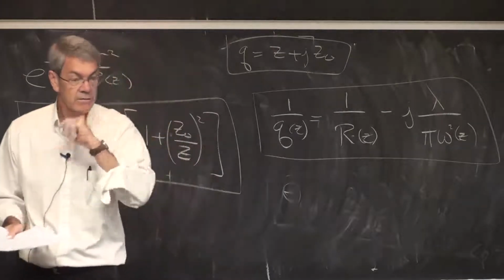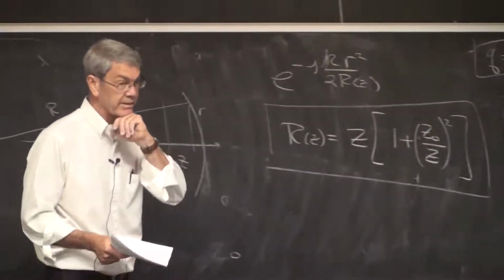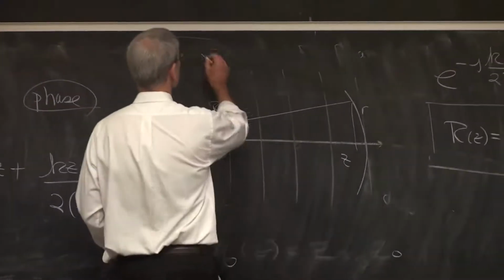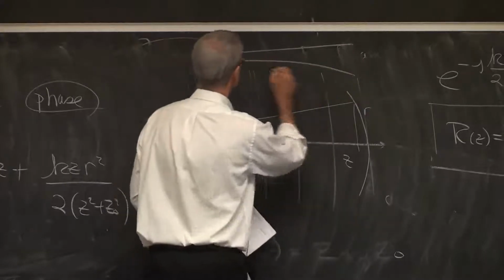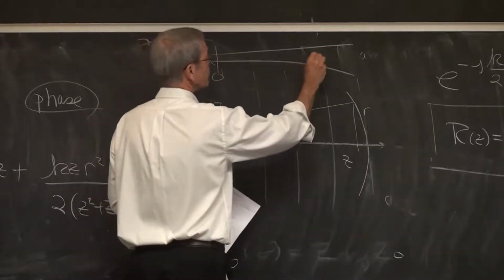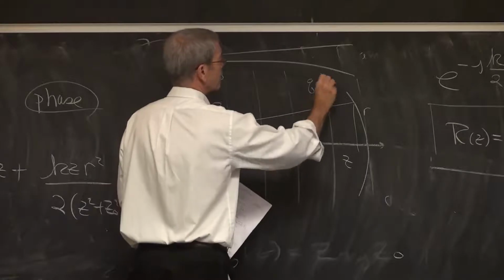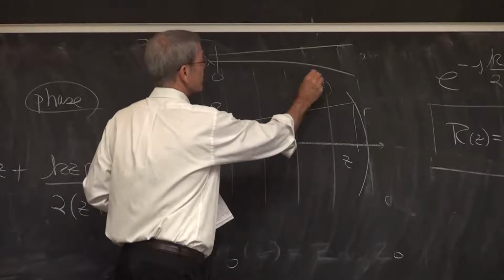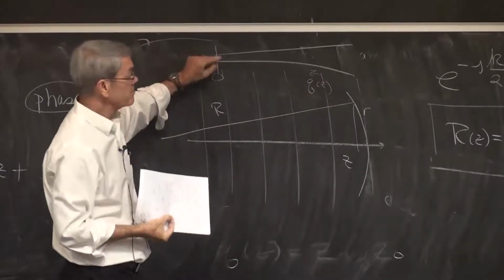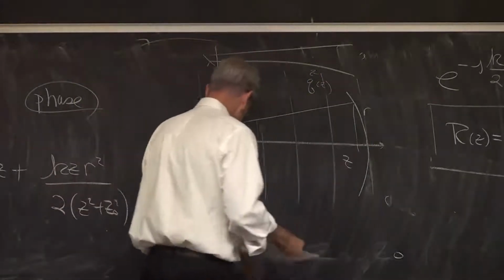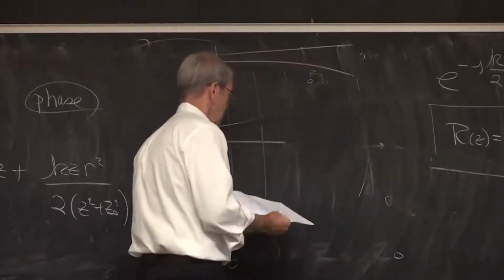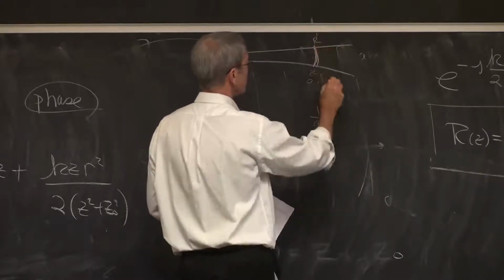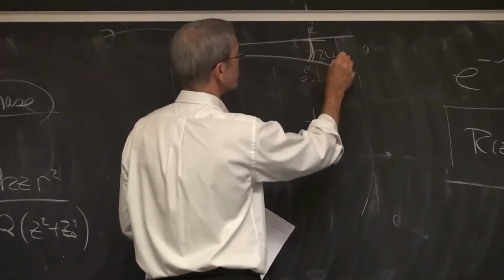Yeah. So the 1 over R of Z term is the radius at that point? At that point, yeah. So if I've got a beam cruising along, and let's say here's 0, and I know Q right here. If you give me Q, it's going to tell me what this distance Z is, and how big Z naught is. But 1 over Q is going to tell me what the radius of curvature R is, and what the spot size omega of Z is.